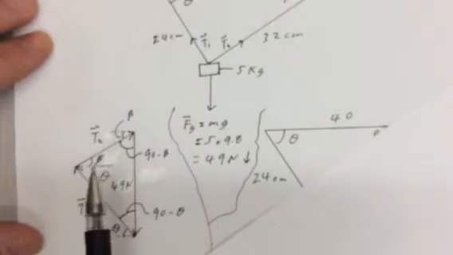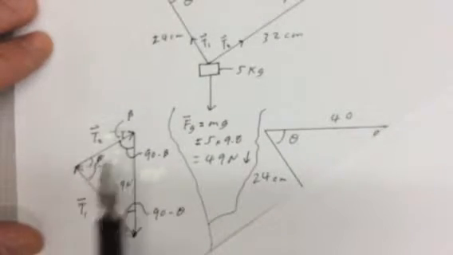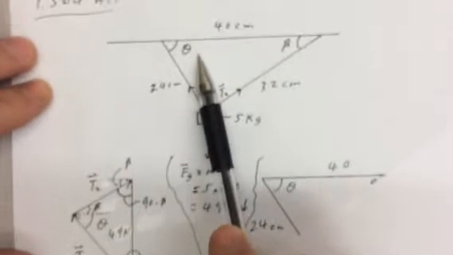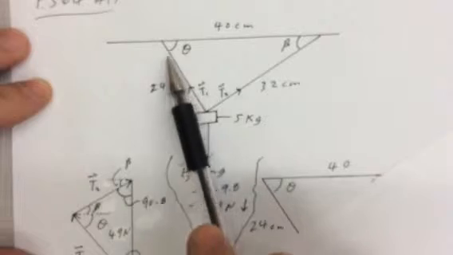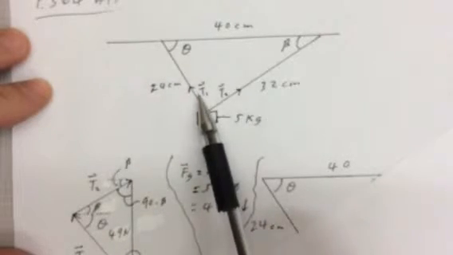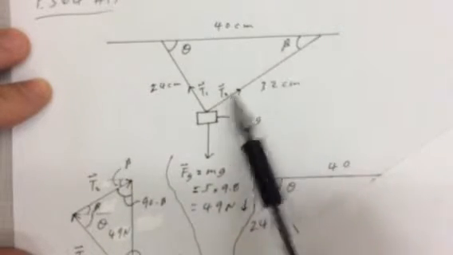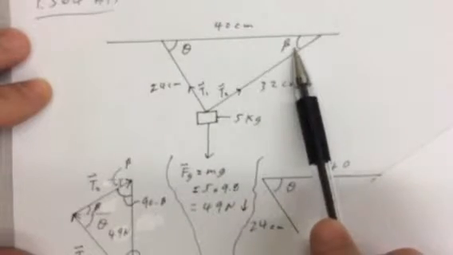The angles here, theta and beta, I have marked up here on the first diagram. So theta is between the tension and the horizontal, so tension 1 and the horizontal. Beta is between tension 2 and the horizontal.